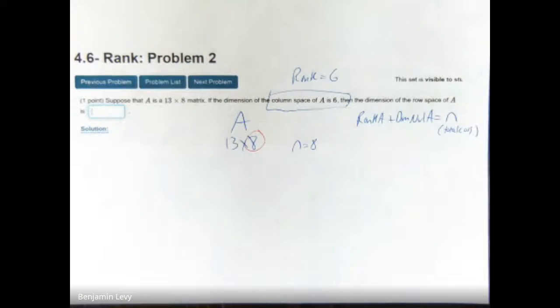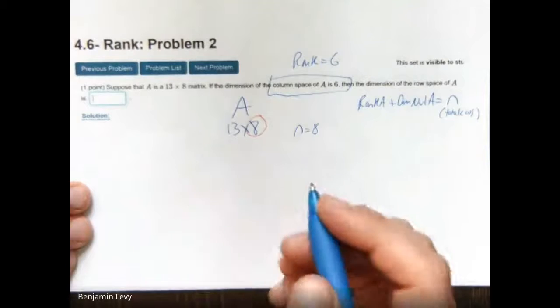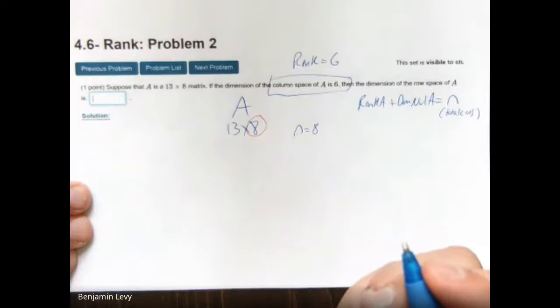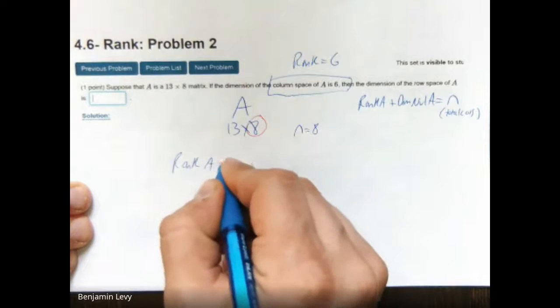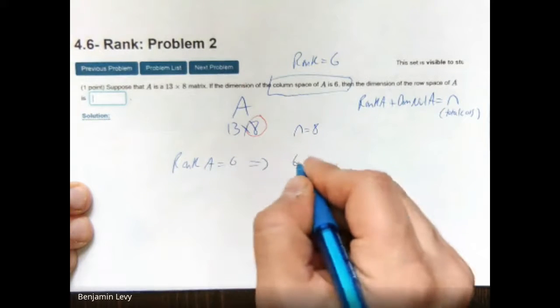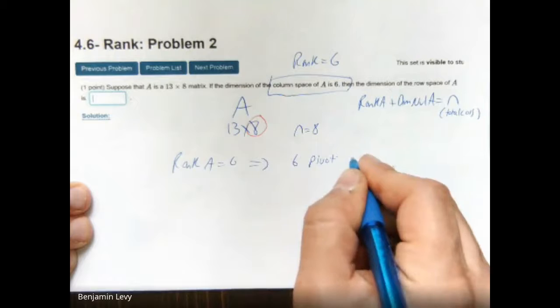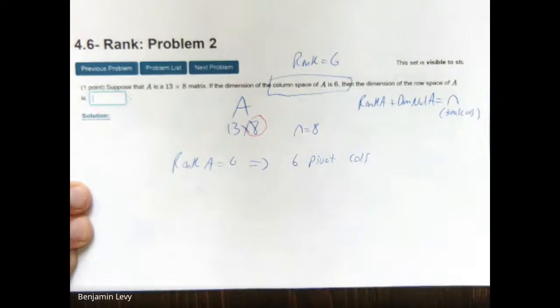So if the rank is 6, that means there are 6 pivots, 6 pivot columns.